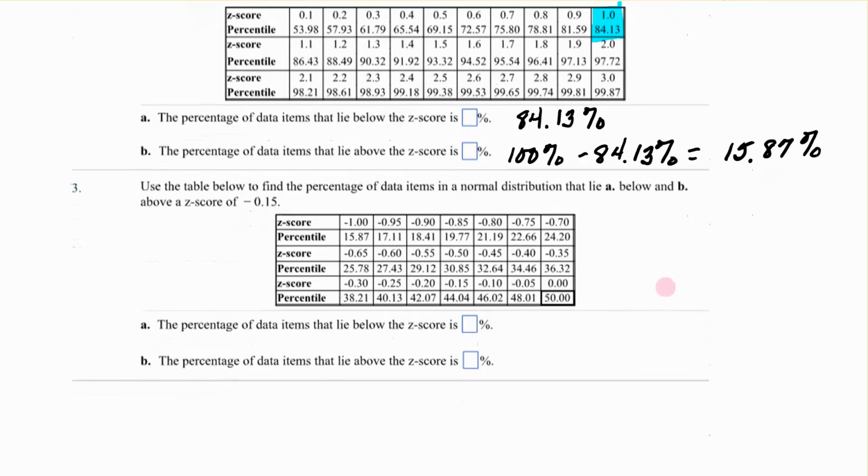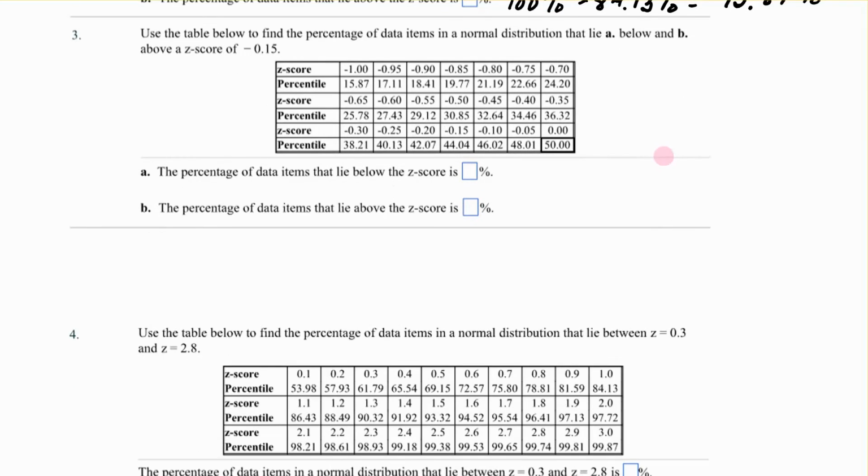All right, number 3. We're going to find the percent of data items in a normal distribution that lie below and above a z-score of negative 0.15. How many lie below it is 44.04%.